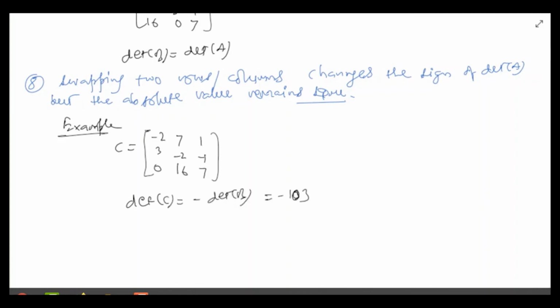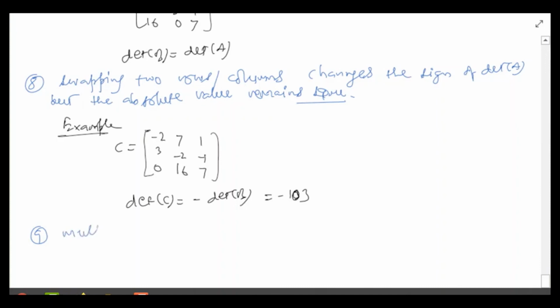Finally, we will see one more property of determinants that says that multiplication of a column by a constant scales the determinant by the same constant. Similarly, multiplication of a row by a constant scales the determinant by the same constant.